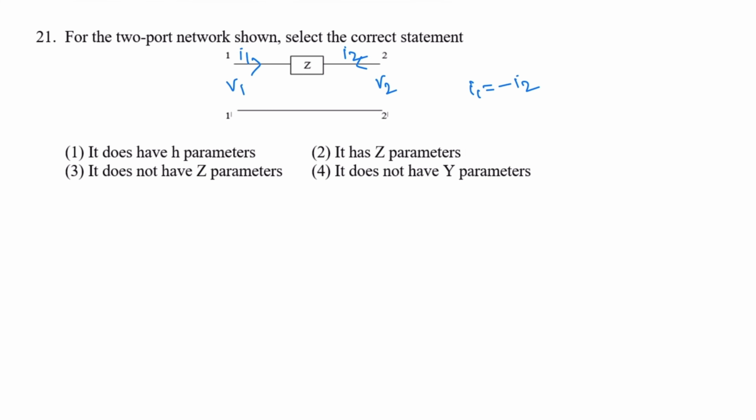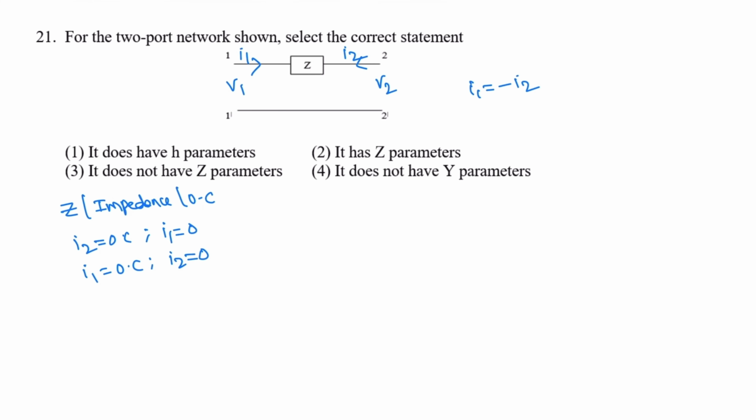So Z parameters, or impedance parameters, or open circuit parameters, are not defined for this network, because if one of the ports is open circuited, the other port current will become 0. If I2 is open circuited, then current I1 is 0. If the input port is open circuited, then current I2 is 0.